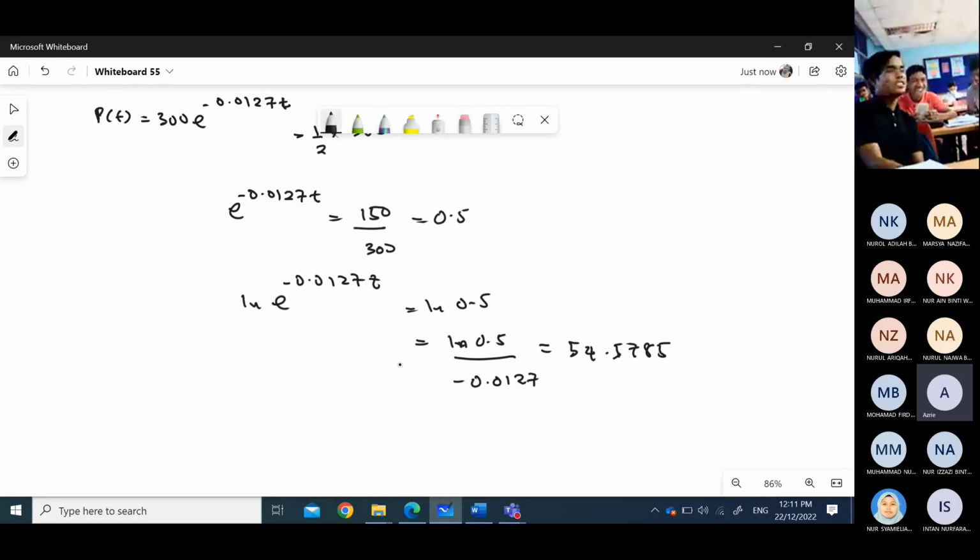Kena approximate tu tak payah. Kalau time tak ada approximate. Kalau tak, 2 titik perpuluhan je boleh. So time kan, dalam apa? Hours ke years? Years kan? Kena letak. Therefore, T is 54 ataupun approximate lah, 54 years ataupun 55 years boleh.